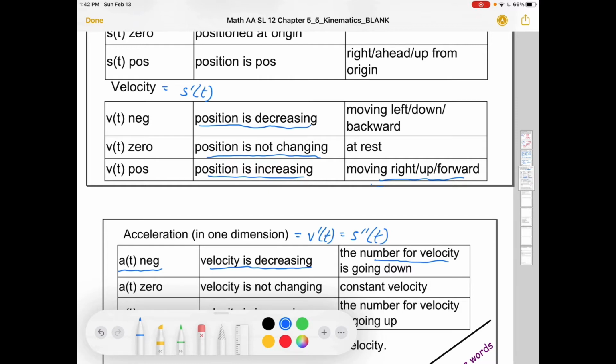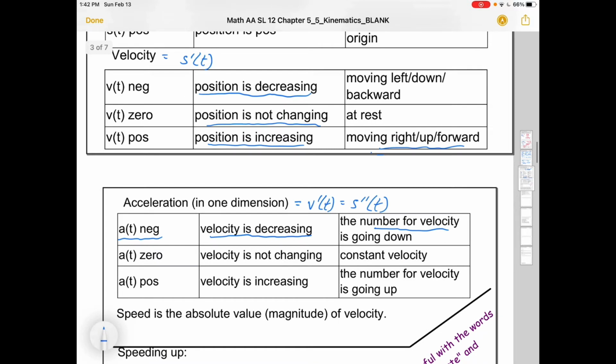If we get this out beyond one dimension, a good definition of acceleration is either a change in speed or direction. Lastly, if acceleration is positive, that means that velocity is increasing, which might mean speeding up, but not necessarily.